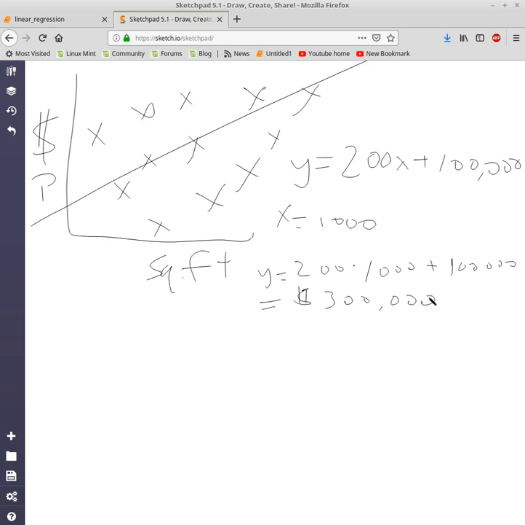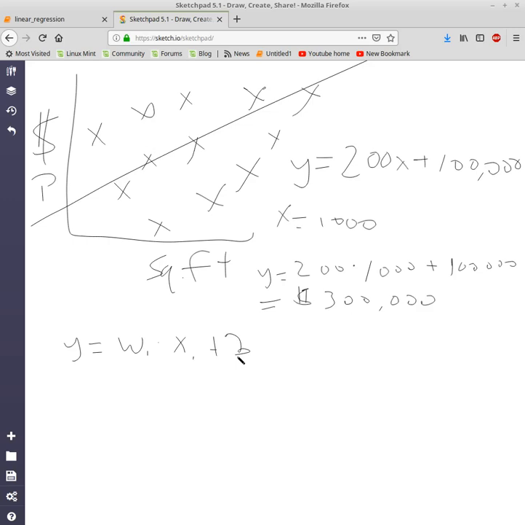More generally, we can represent this equation as y equals w1 times x1 plus b, where in this case w1 is 200 and b is 100,000.